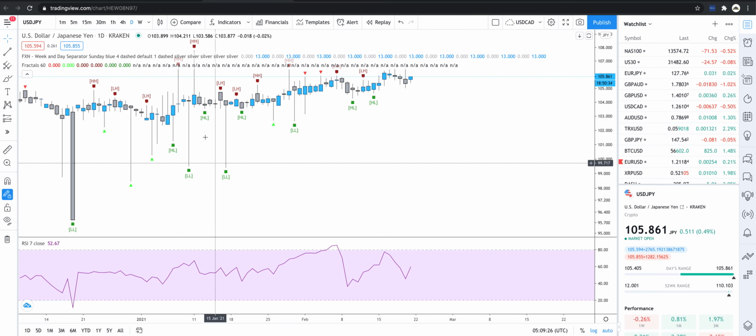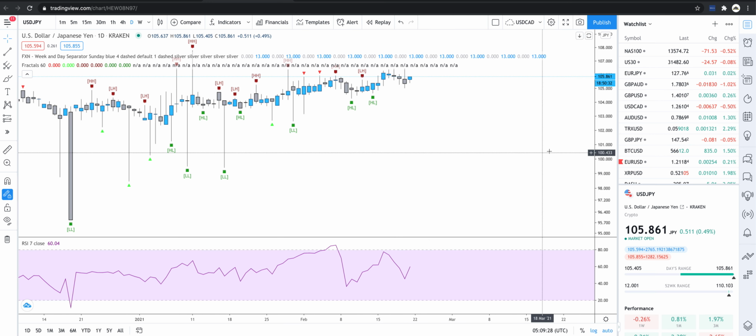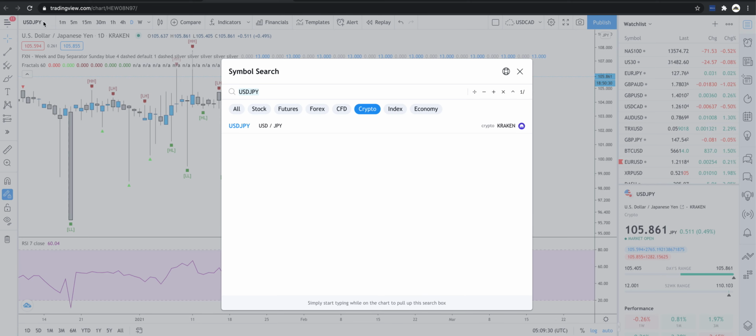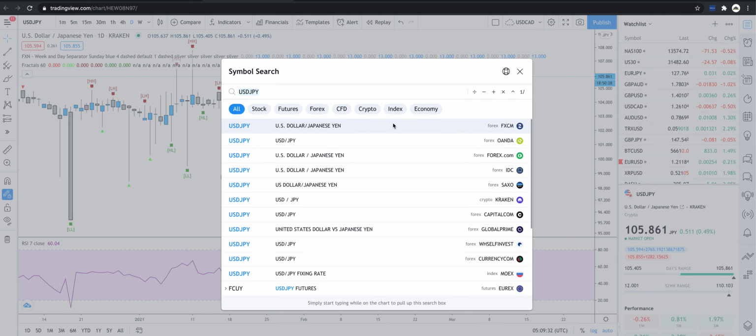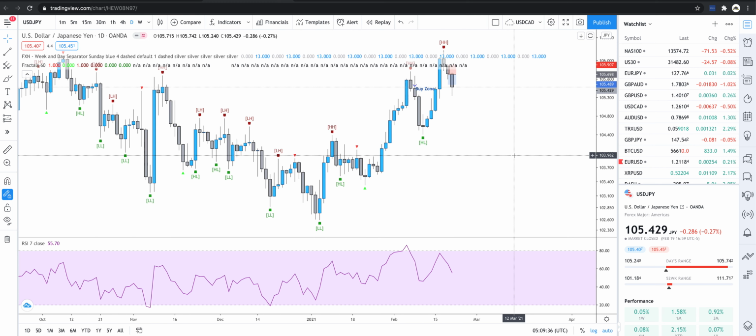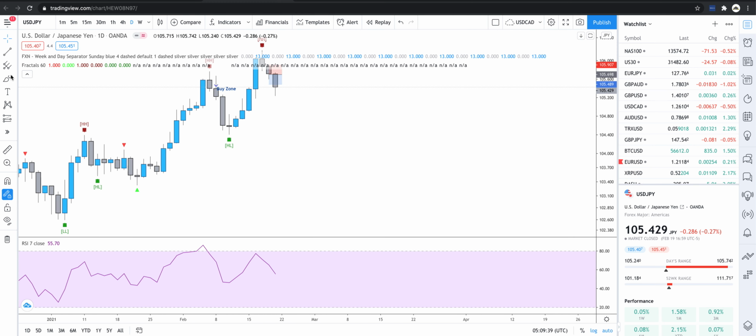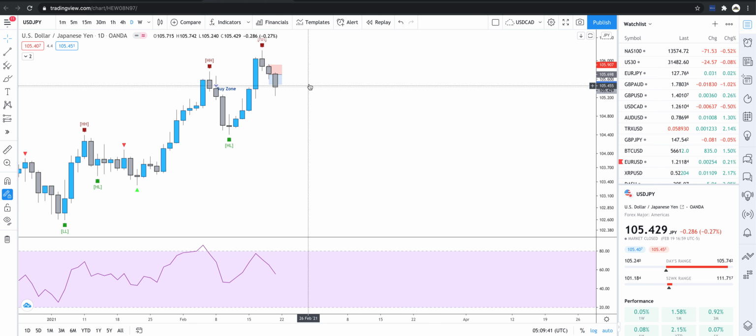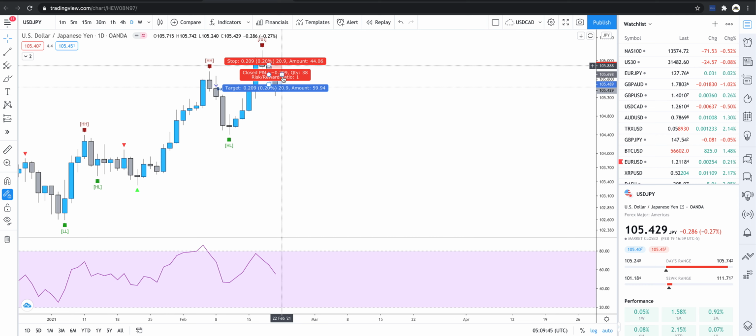Let me go to the USD JPY. I caught this one on the day chart right here. I got in on this day.